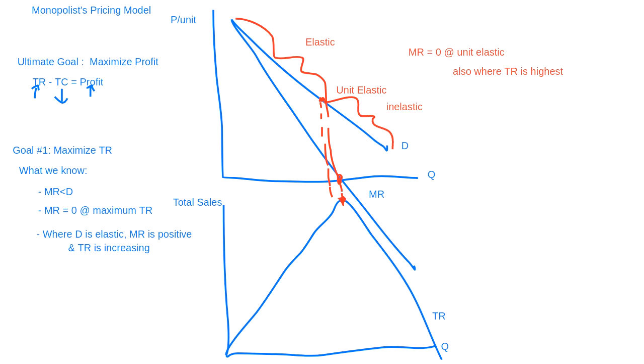And the last thing we know is that where demand is inelastic, marginal revenue is negative, and total revenue is decreasing. Inelastic right here, marginal revenue negative, total revenue decreasing.